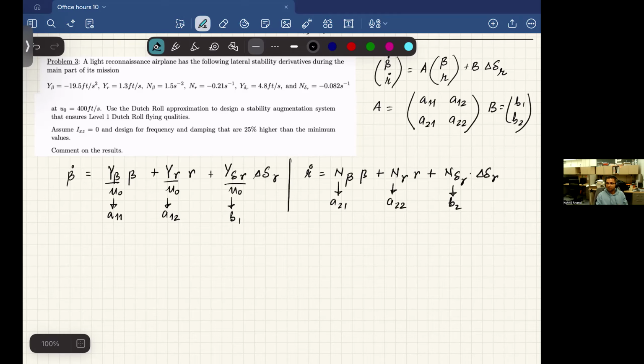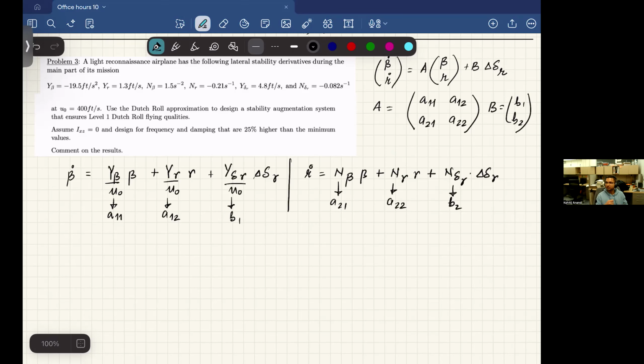And Y beta is the force stability derivative. N beta is the moment stability derivative. So there is already an additional unit of length there. This non-dimensionalization comes from lecture 13 or 14 on stability derivatives, where you were finding CL beta, CL r.